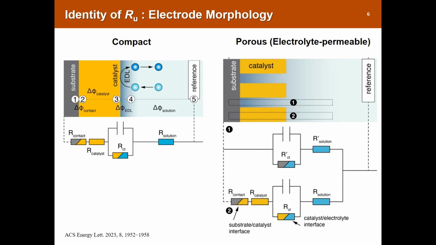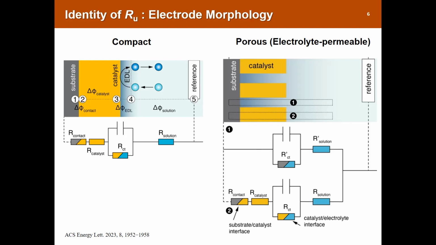It depends on the purpose and on how you define the intrinsic activity. The intrinsic activity of the electrode includes the intrinsic catalytic activity of each active site plus electron transport through the catalyst layer. But if you were reporting turnover frequency, then from that point of view, oppositely, the compact electrode is better.